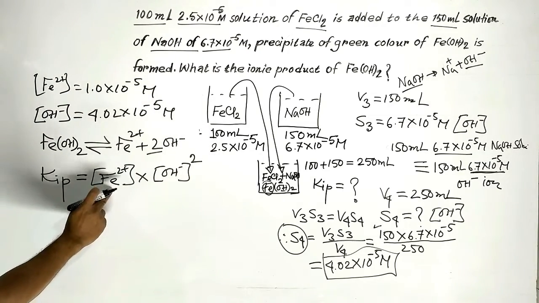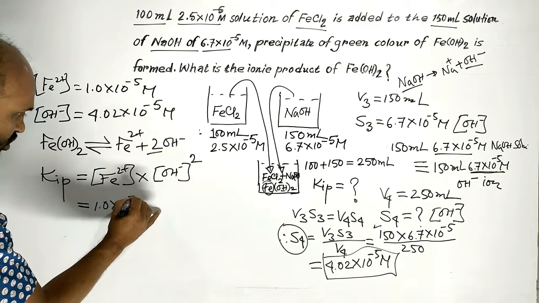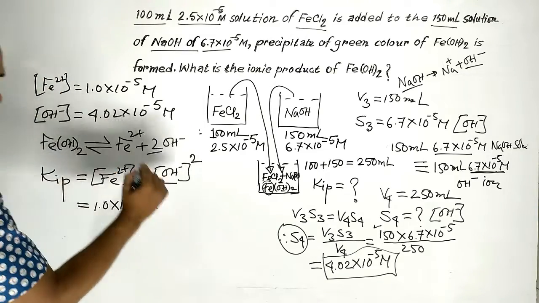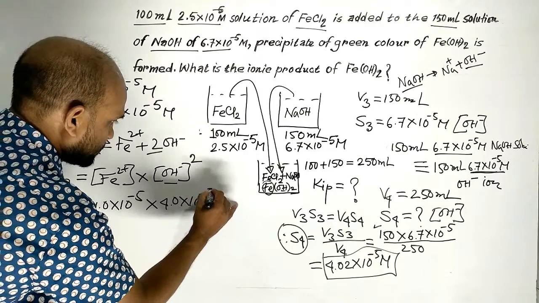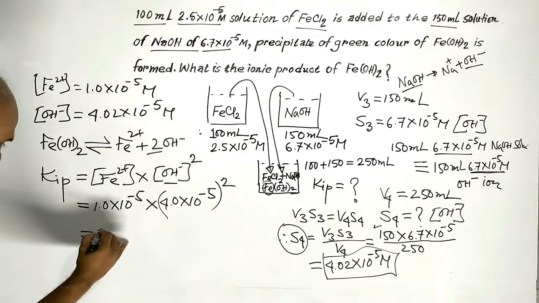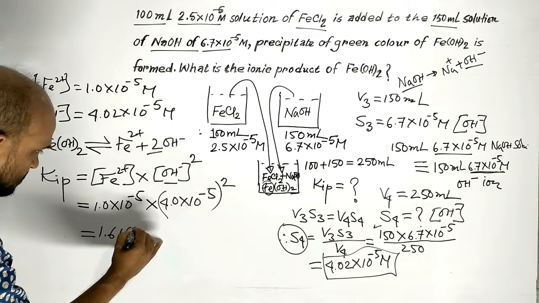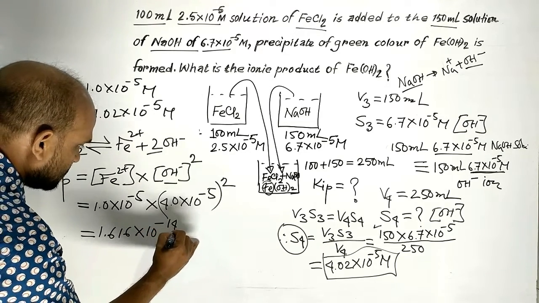Then 1.0 times 10 to the power minus 5 times 4.0 times 10 to the power minus 5, squared. This is equal to, using calculator, 1.616 times 10 to the power minus 14.